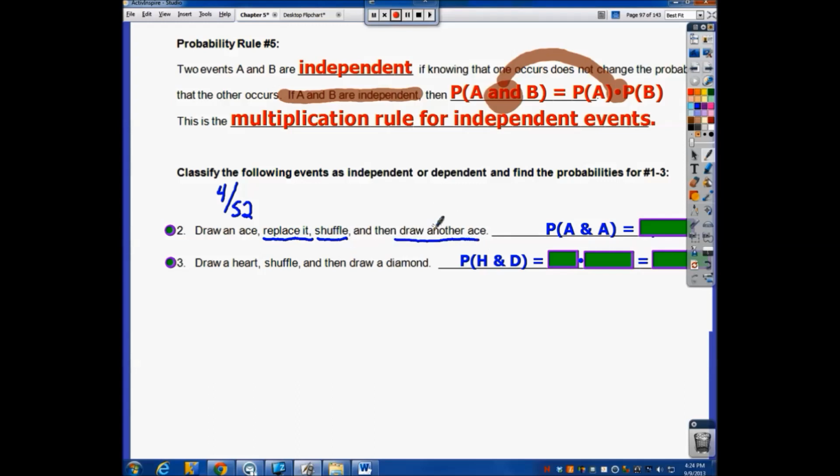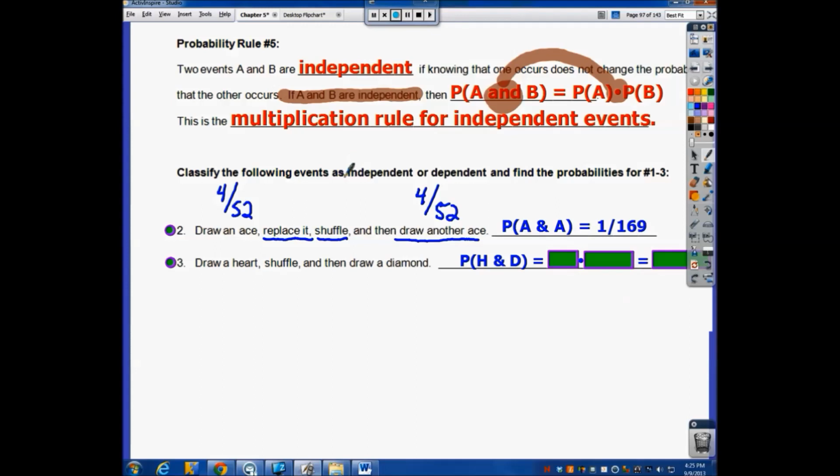Well, what's the probability that I draw another ace when I put the first one back in? Well, there's still 4 out of 52 chances that I'm going to pull another ace because I could re-pull the same exact ace. Okay, the first time I could have pulled an ace of hearts, and the second time I could have pulled again the ace of hearts. So the probability of an ace and an ace ends up being a 1 in 169 chance.